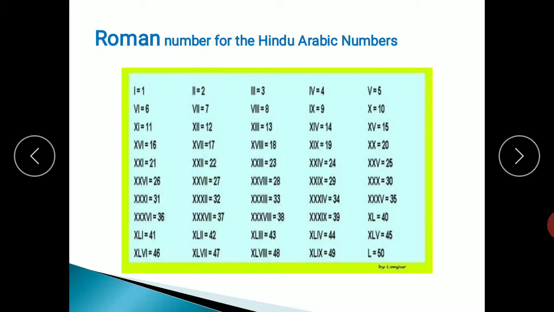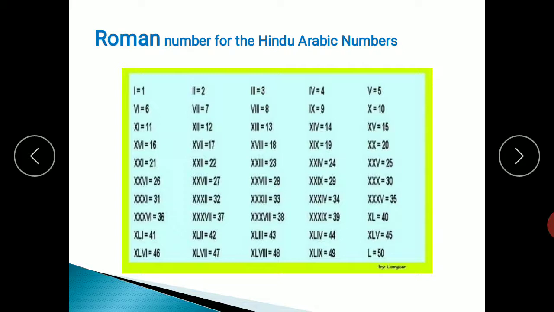Now Roman numbers: there are some rules you are going to follow and remember. First, how to write a Roman number? In Roman numbers, 1 is written in a symbolic form, that is I.